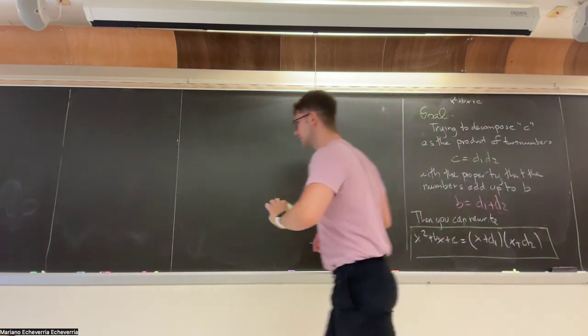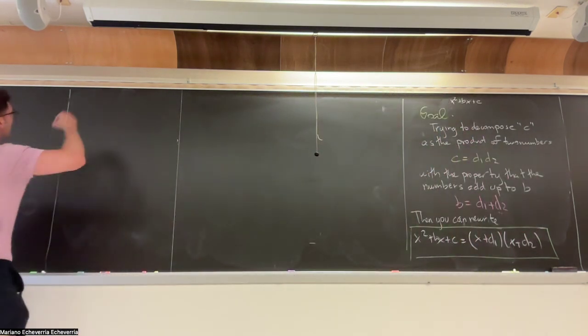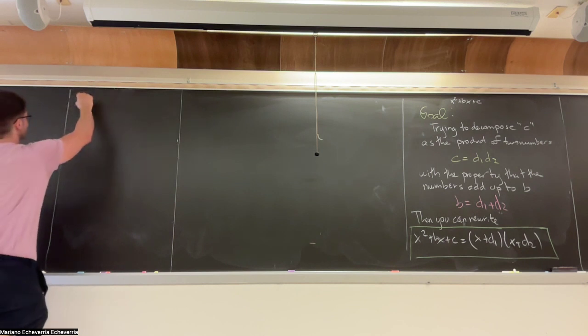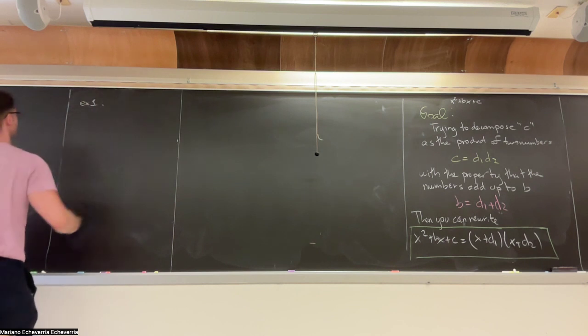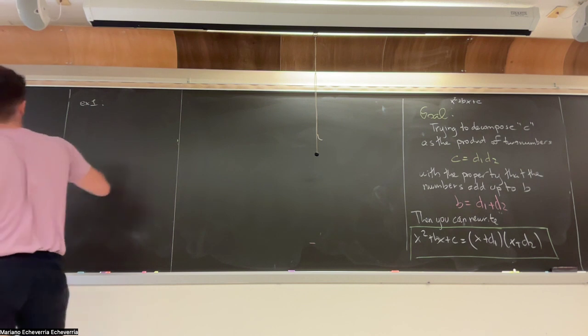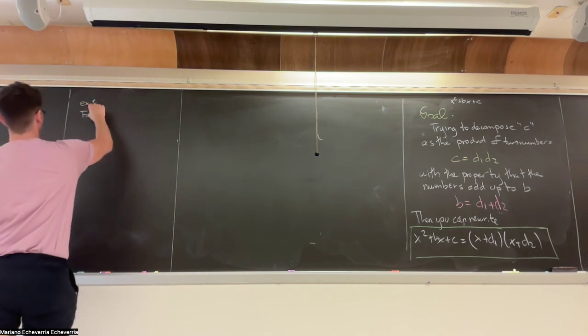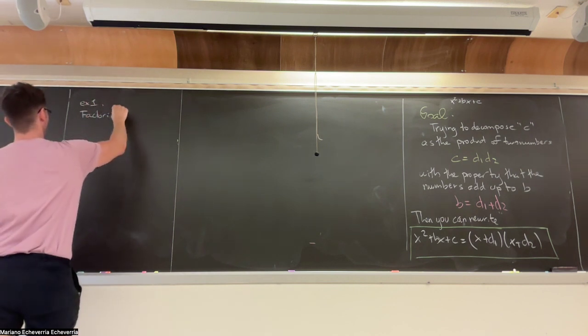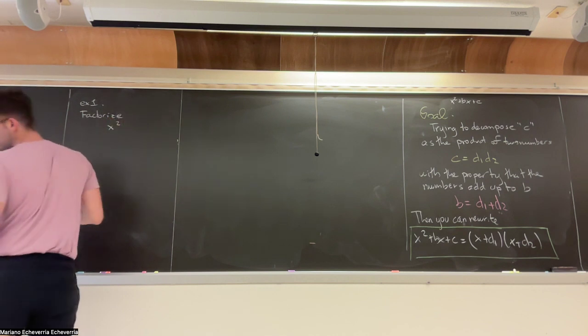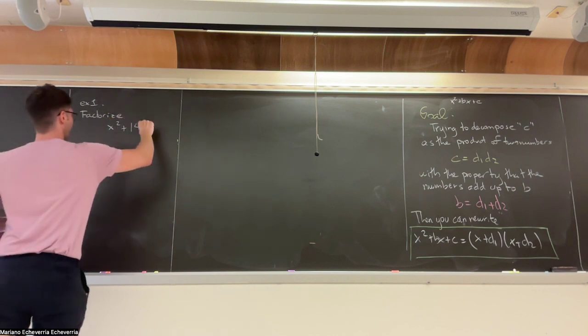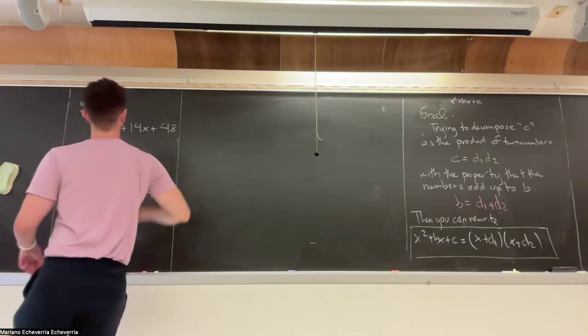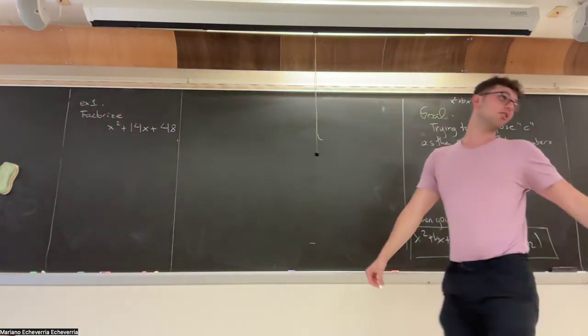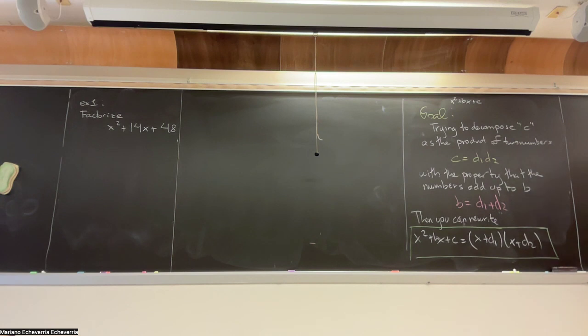So here's the first one. After a while, you don't have to do all the steps that I'm about to do, but for now, I'm going to show you all the things that you could consider doing.